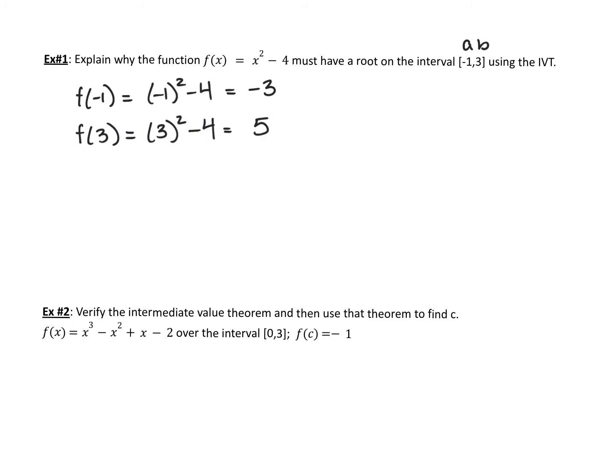So if the intermediate value theorem is true, using the intermediate value theorem, right? This is your a value, your interval is from a to b, and your interval is -1 to 3.